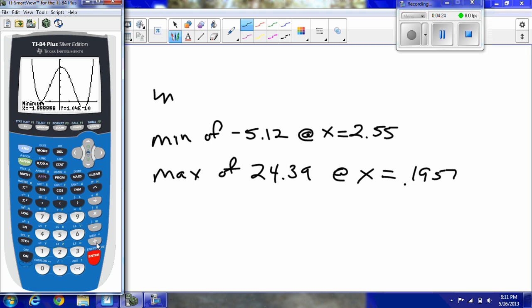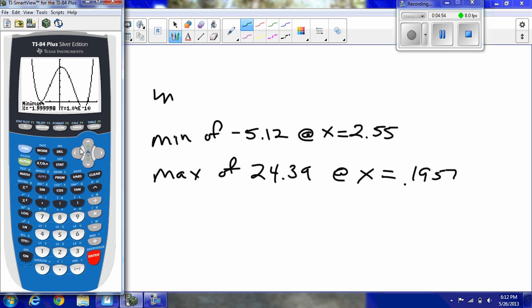And it tells me that my minimum is -1.9999. Oh, no. It's saying my minimum here, the y value, is 1.04 e to the -10th. A lot of times when we have this e to the -10th or -12th, if you remember your scientific notation, that means I'd have to move the decimal point to the left like 10 times.